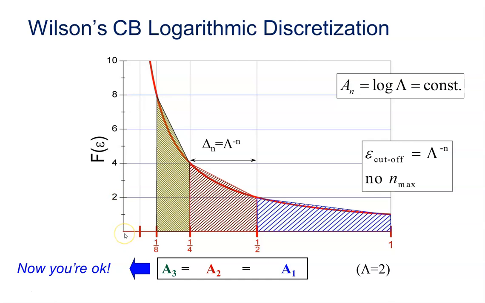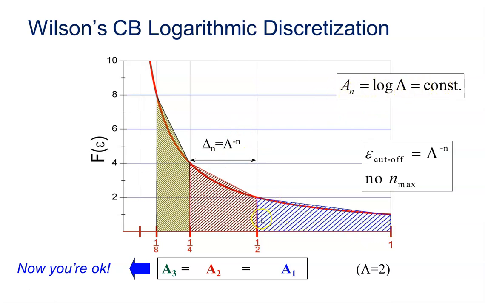So it's pretty much the same as before: for large n's I approach 0, and the integral should approach the actual integral of 1/epsilon. But this is a much more controllable approach, because all these areas here are the same independently of n. They will be just log of this constant, log 2 here.